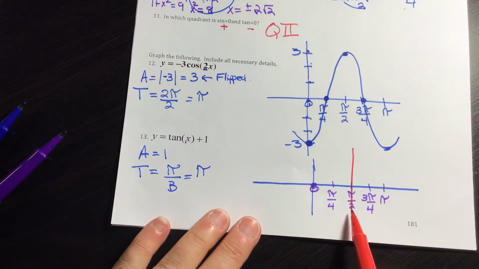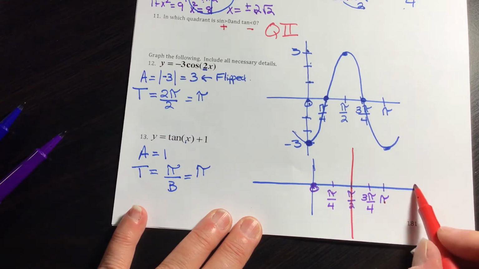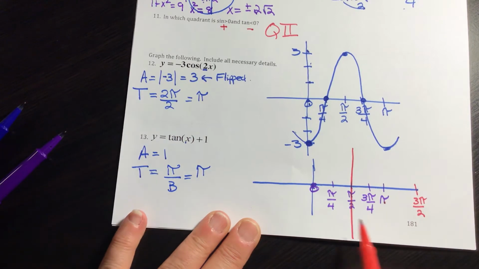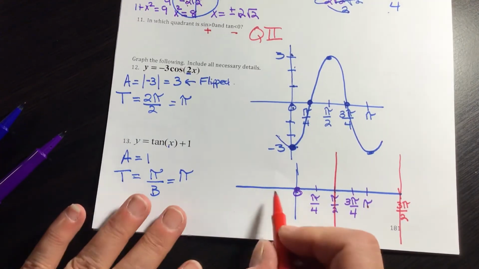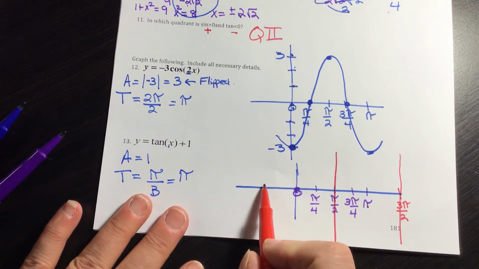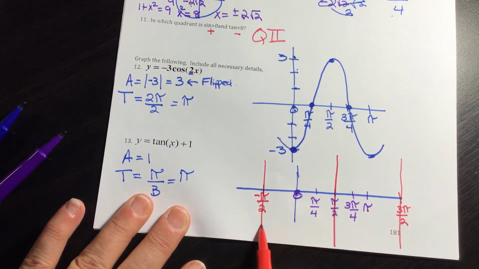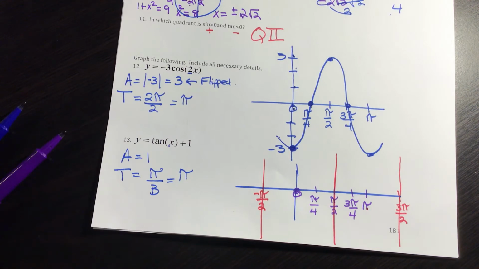So this is 1 pi over 2, 2 pi over 2. Over here would be 3 pi over 2. I would have an asymptote there. Or I can go back to negative pi over 2 and have an asymptote here. All right, so my tangent graph needs to be between two asymptotes, and my asymptotes are at pi over 2.